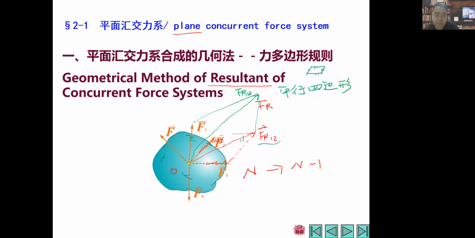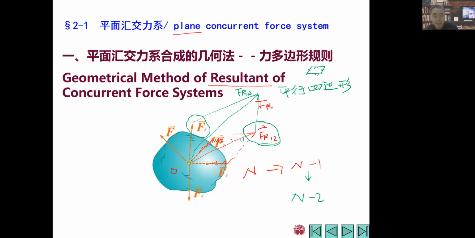For the same reason, we can once again eliminate this one and this one from the system. So what happened again? This time, the number of forces reduced from n minus 1 into what? N minus 2. You see?